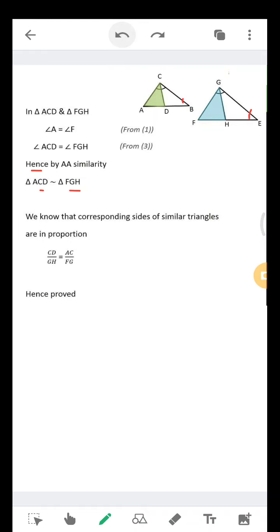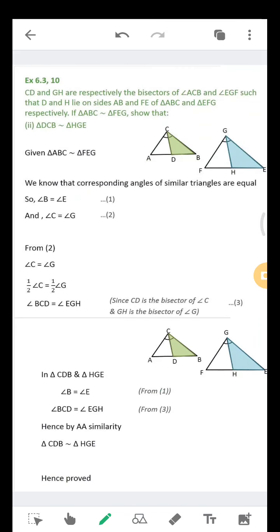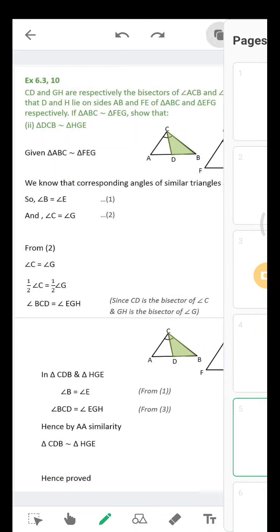So using the same procedure, just by changing the angles, we can prove the next part, that is DCB and HGE. These two triangles can also be proved similar by using the same method. So try this on your own.